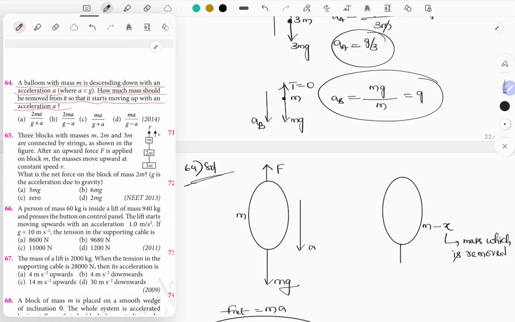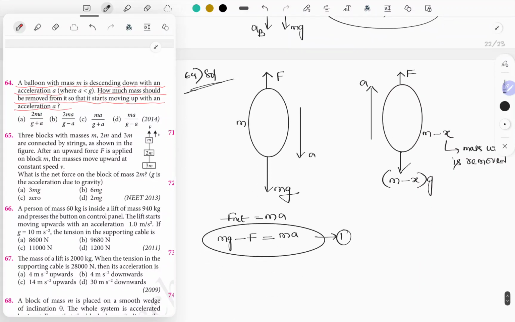So its weight is again downward, which is going to be, is it mg or m minus x into g? It is now m minus x into g. Upward force is going to be the upthrust, which is represented as F. And they said it should move upward with the same acceleration a. As the motion of the object is upward, definitely upthrust is greater than its weight.